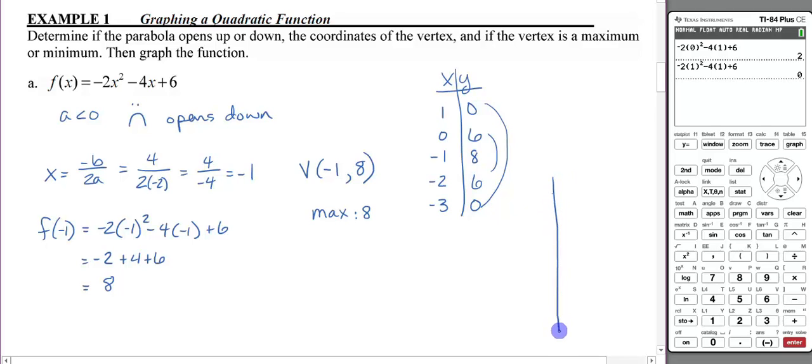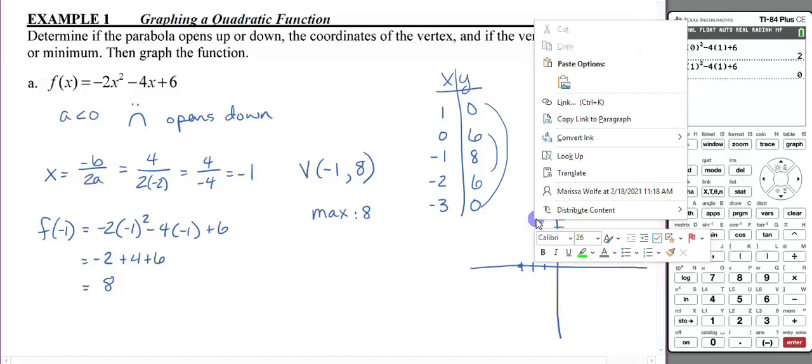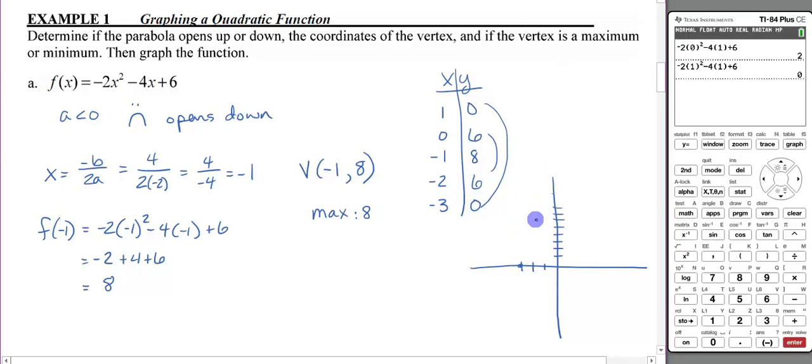Let's go ahead and draw it out. And we have negative 3, 0, negative 2, 6, negative 1, 8, 0, 6, and 1, 0, and we get a nice parabola here.